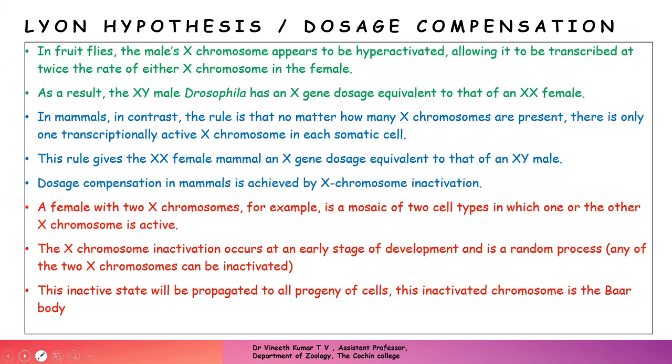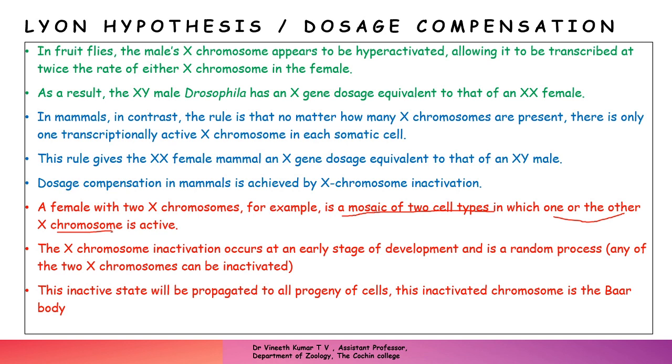So here comes the answer to our question, that is, when and how this inactivation occurs. A female has two X chromosomes and is a mosaic of two cell types in which one or the other X chromosome is active.